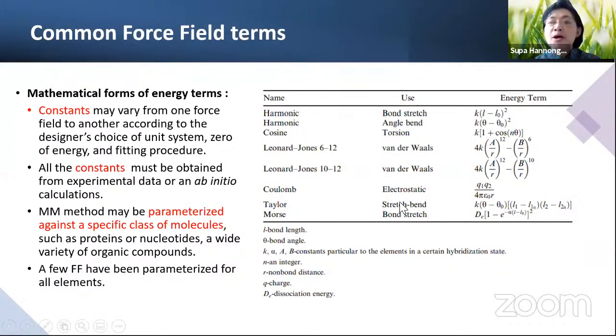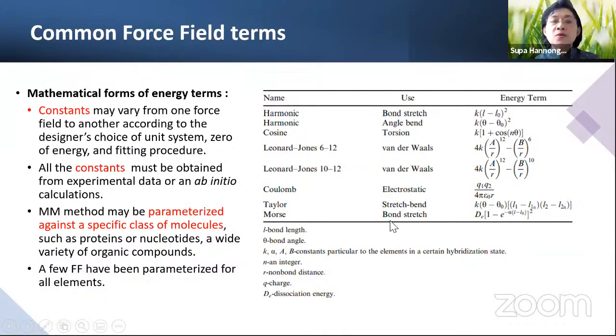Okay. And for the Coulomb, you have the electrostatic, right? And I would like to tell you that sometimes there are some cross terms. Cross term means a cross term between stretching and bending. And we can have some terms like this, crossing between stretching and bending.